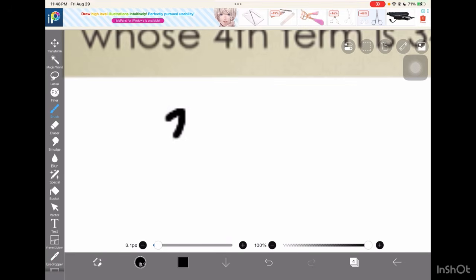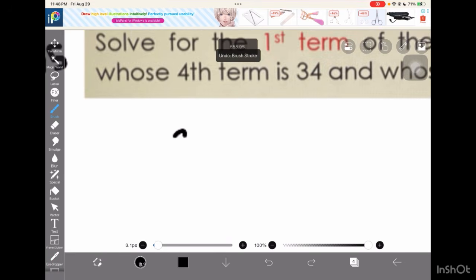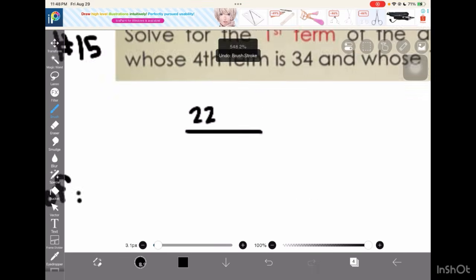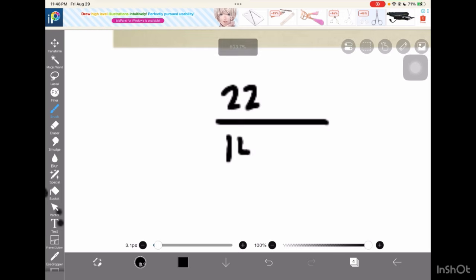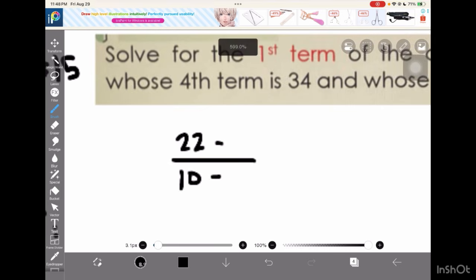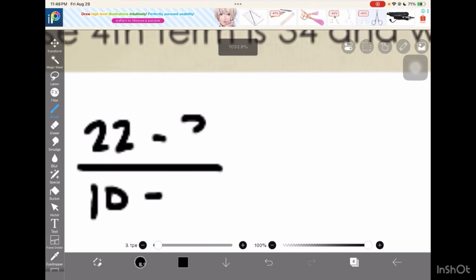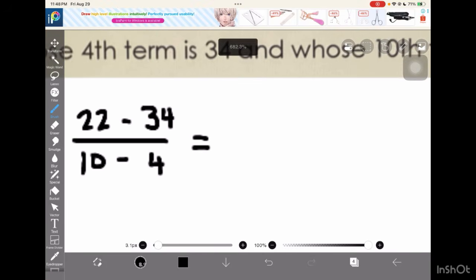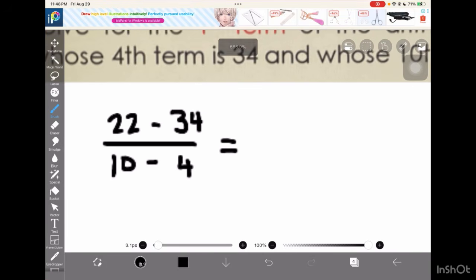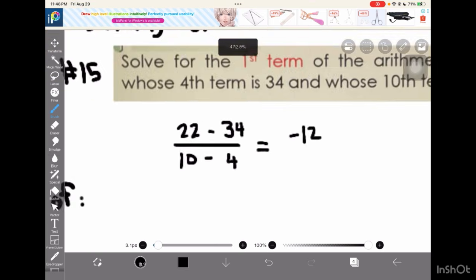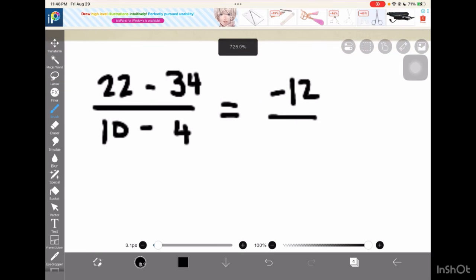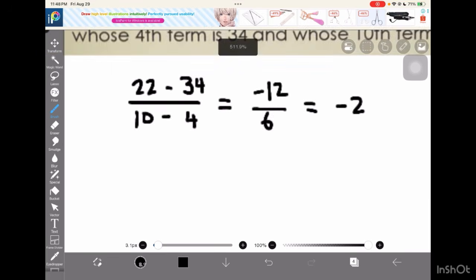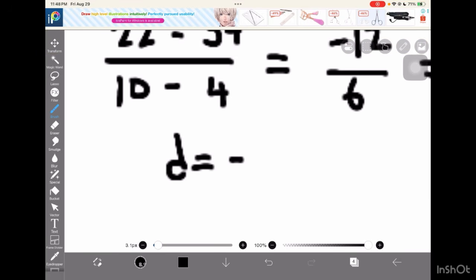So the shortcut is 22 minus 34 over the positions, 10 minus 4, is equal to negative 12 over 6, and that's equal to our difference, which is negative 2. So the difference is equal to negative 2.